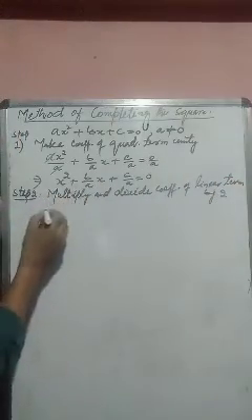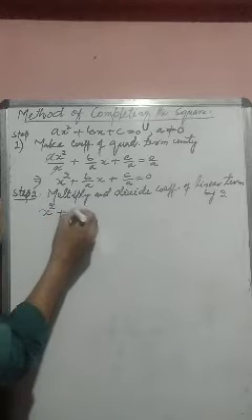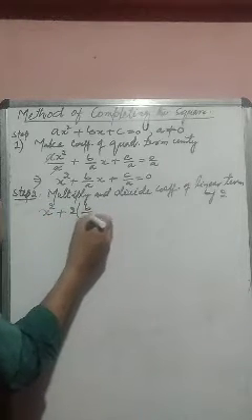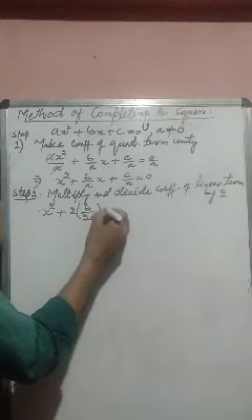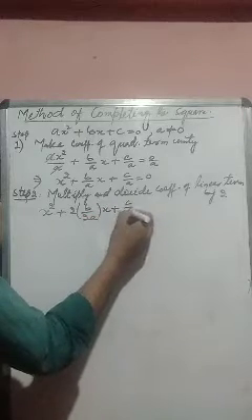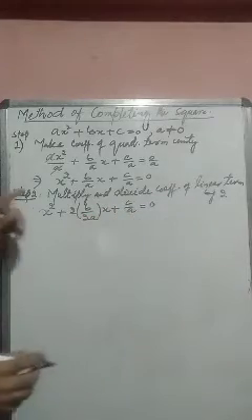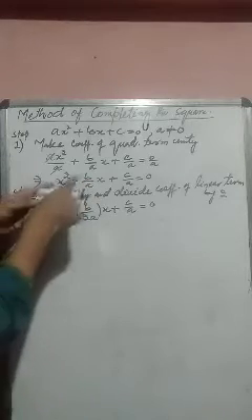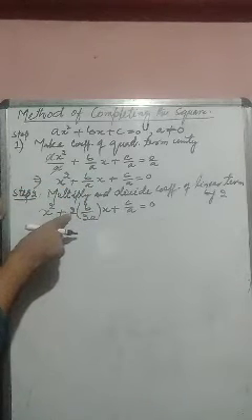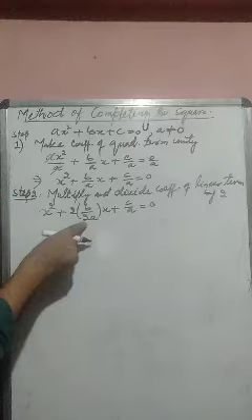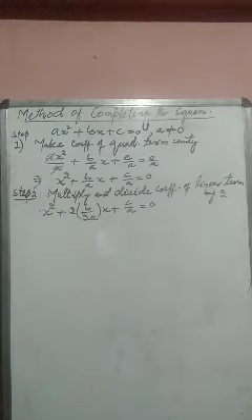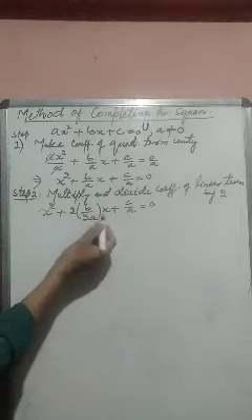So here it will become x square plus 2 times b by 2a into x plus c by a equal to 0. The coefficient of x is b by a. We multiplied it by 2 and also simultaneously divided it by 2. So it becomes 2 times b by 2a into x.